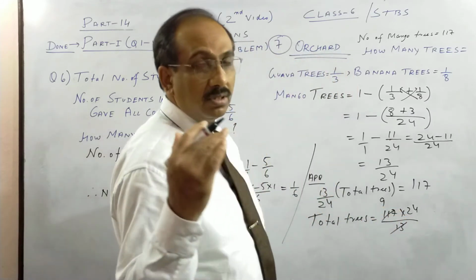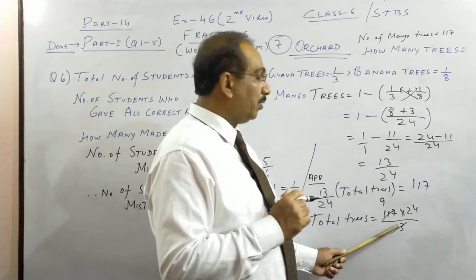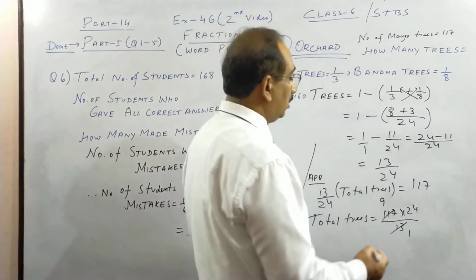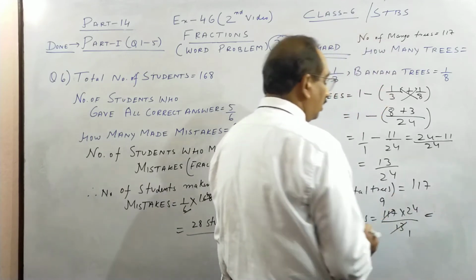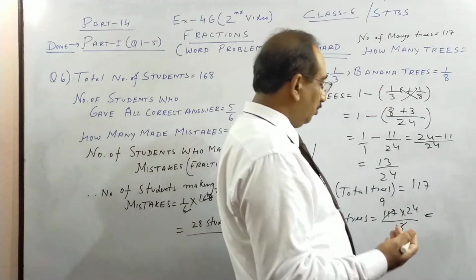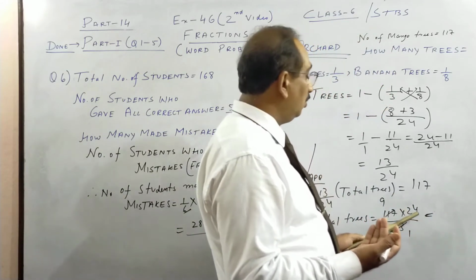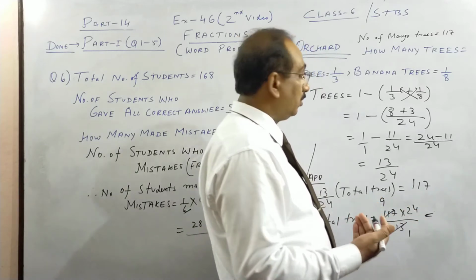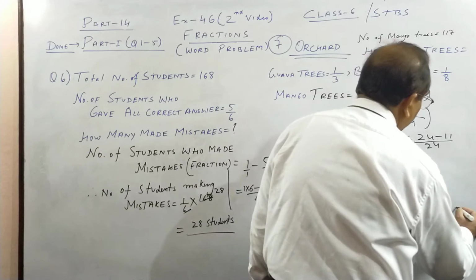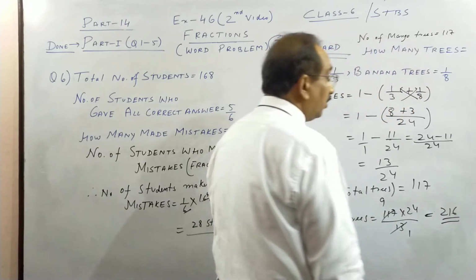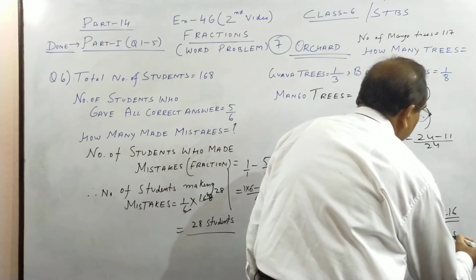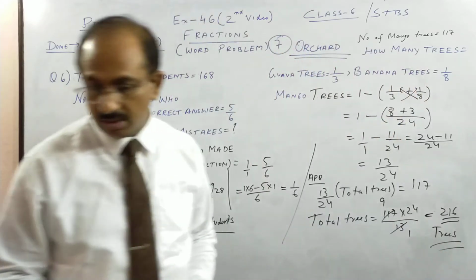As I said, please learn the table up to 20. See how handy it comes. 13 ones are 13, 13 nines are 117, and 24 nines, you multiply and do mental maths. I am telling you, 24 tens is 240, subtract 24. So if you subtract from 240, you'll get 216 trees altogether in the orchard.